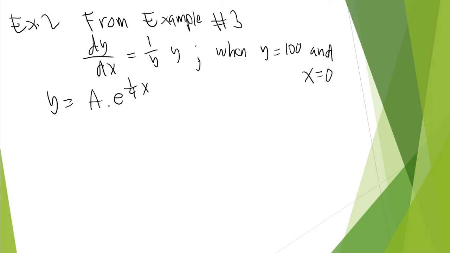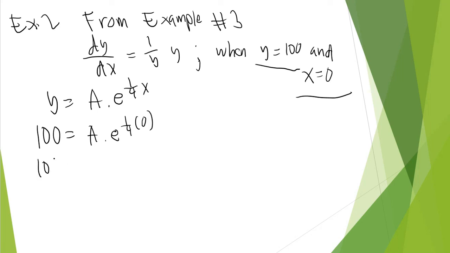So what we will do here is get the initial value using y = 100 when x = 0. Now, we substitute y = 100 here. Therefore, the left side is 100, and a times e^(1/4) x, where x we substitute as 0.